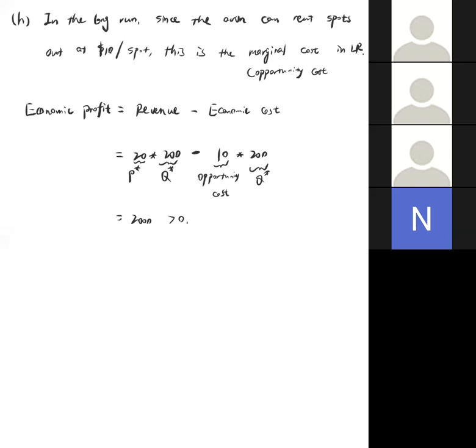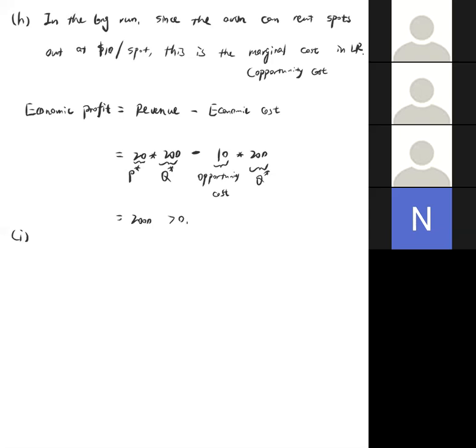And as we said in class, if the long run profit is positive, then more people are willing to be the supplier. So more people will choose to enter. That is for part H, where we had a positive profit. And then for part I, it asks, in the long run, will there be an increase, that means an entry, or decrease in supply, that means there's exit, or no change in the number of parking spaces in the city from the baseline of 200 units?